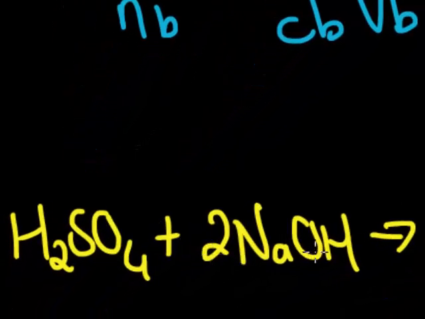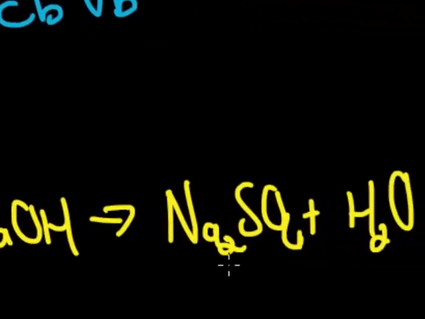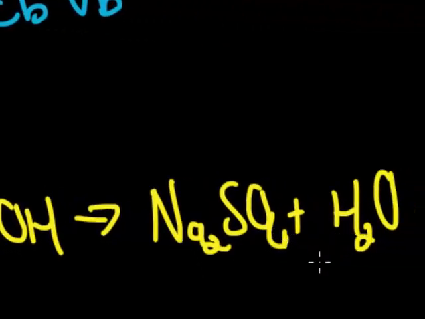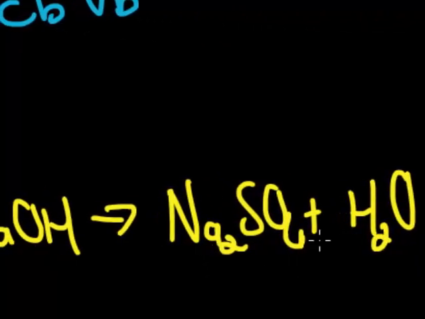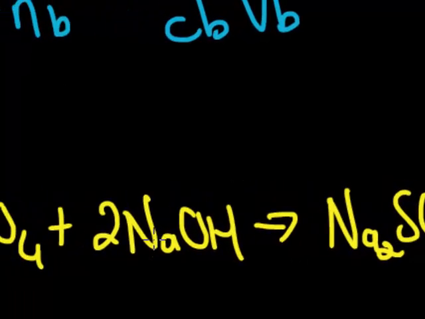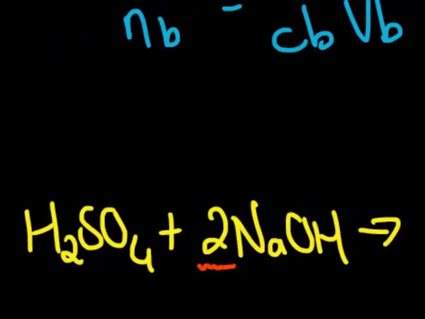Now just to make sure you understand, here's an example. We've got sulfuric acid plus sodium hydroxide. That would end up giving us a salt of sodium sulfate and water. Now when we balance this reaction, we realize that we have to place a 2 here in front of the sodium hydroxide. Now we know that our H2SO4 is our acid and our NaOH is going to be our base.